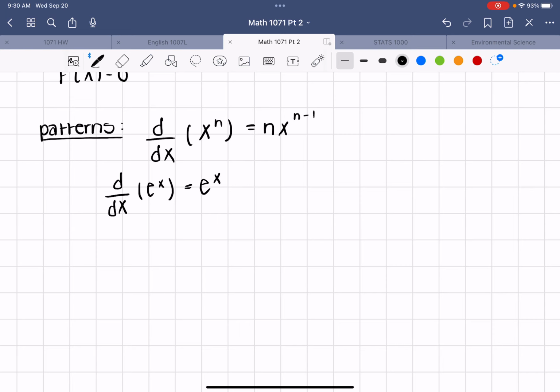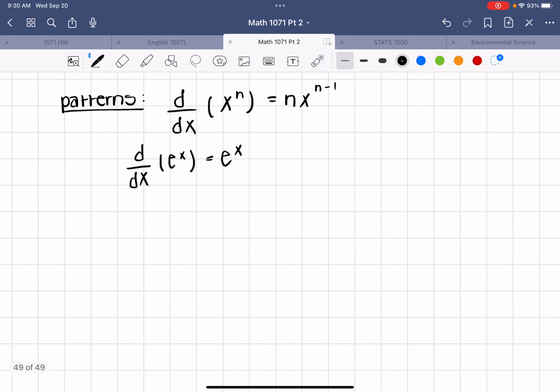Your variable is up in the power. And so you can't do that pattern to e to the x. But I would say that's a very common mistake. Because you get this so ingrained in your head that you try and do it to that. And it doesn't work.